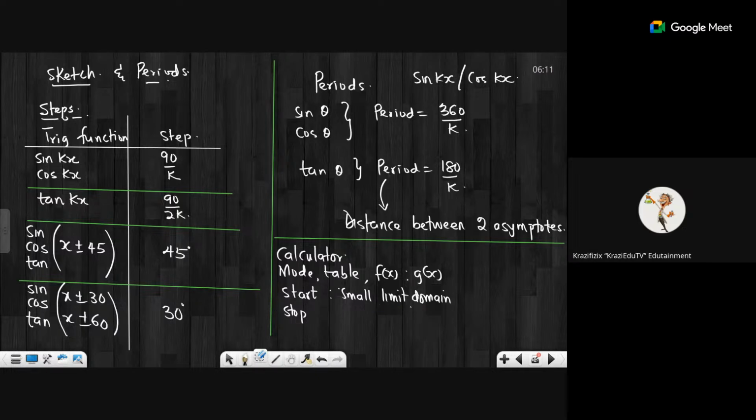That's what we're actually saying. Example, the examiner says sketch a graph between negative 90 and 270. It means that is your start, and that would be your stop. All right. And finally, please don't forget your transformation.